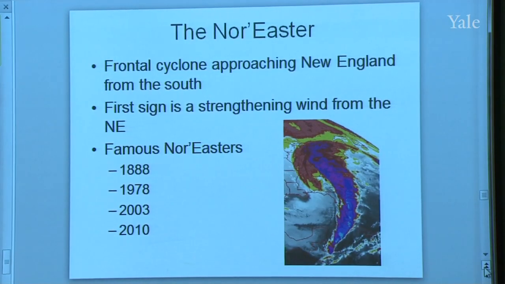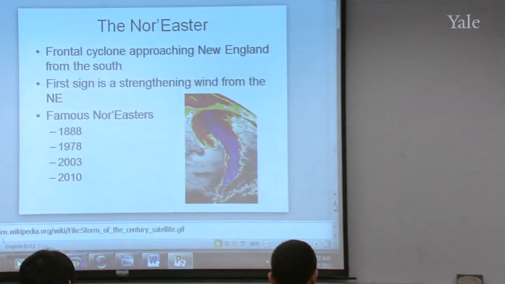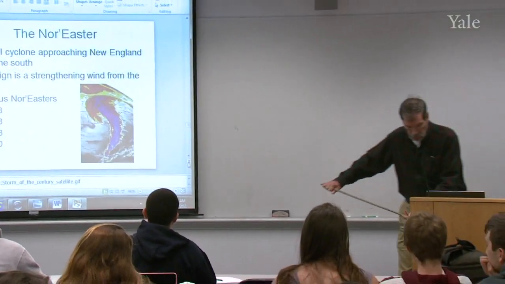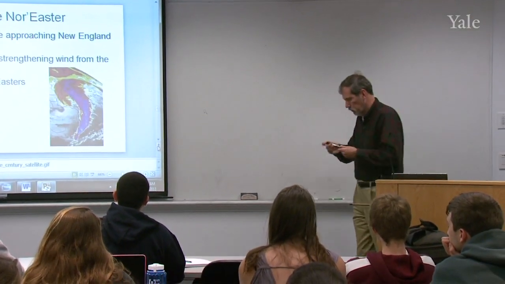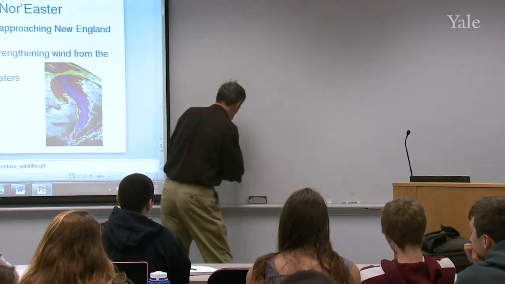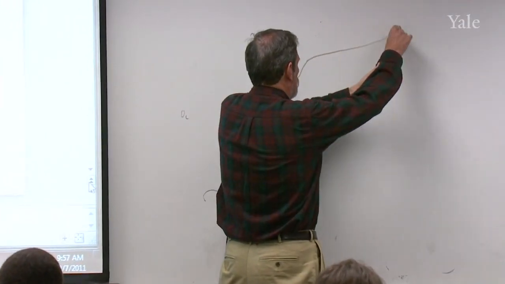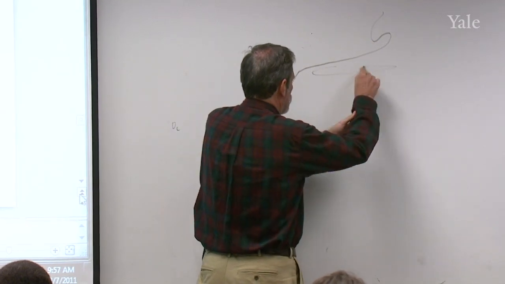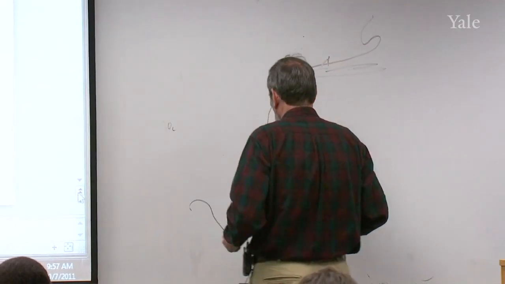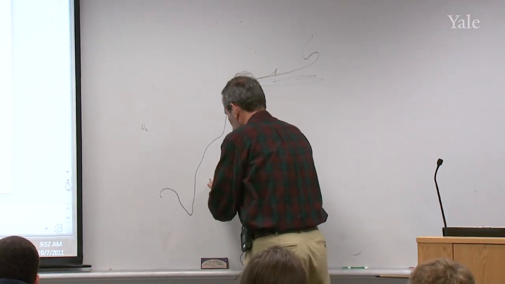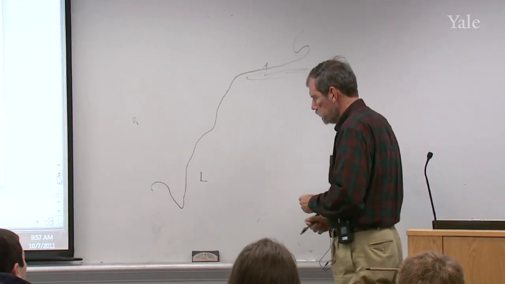Okay, lights on for a second here. So if I've got here's Florida, Cape Hatteras, Cape Cod, Long Island, New Haven. So there's a low pressure center here, let's say.